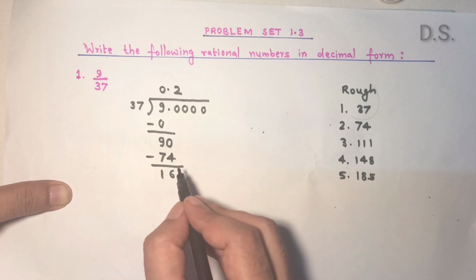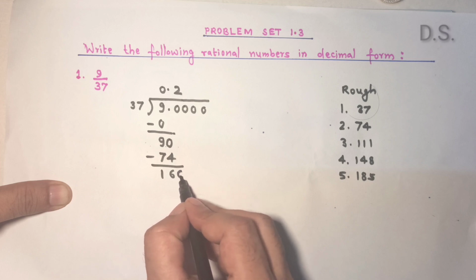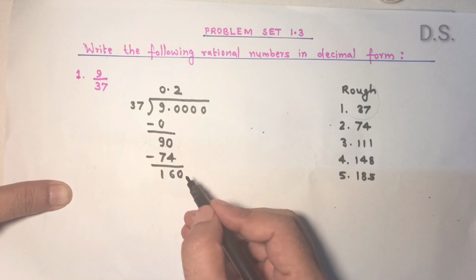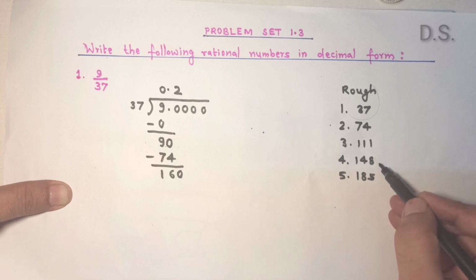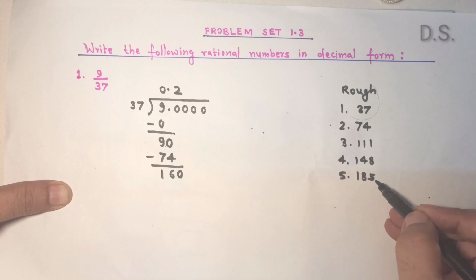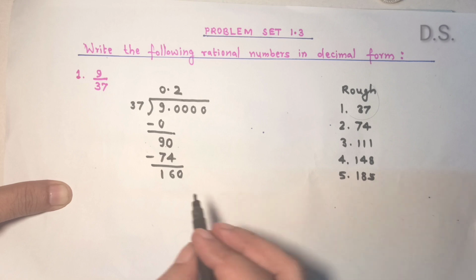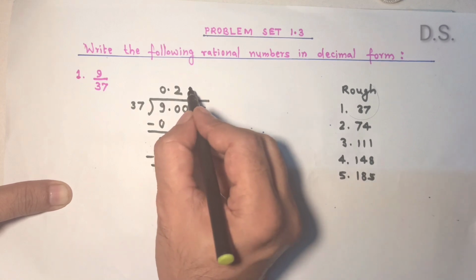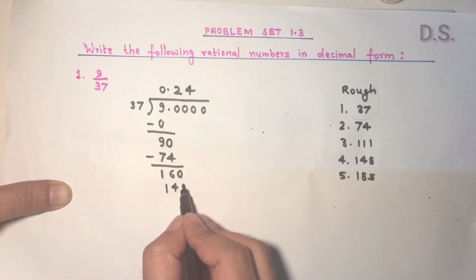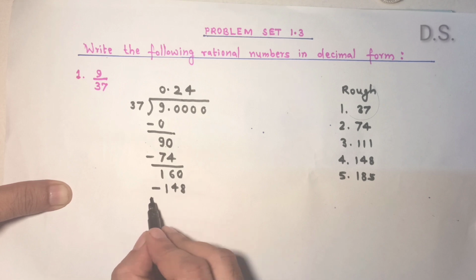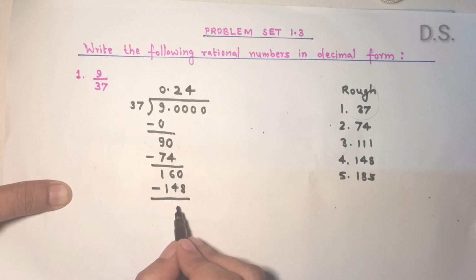Since I have put the decimal point, I can get a 0, so it is 160. 5 times is bigger, so it is 4 times. I write 4 here, and 148 here. Subtract, and you'll get 12.